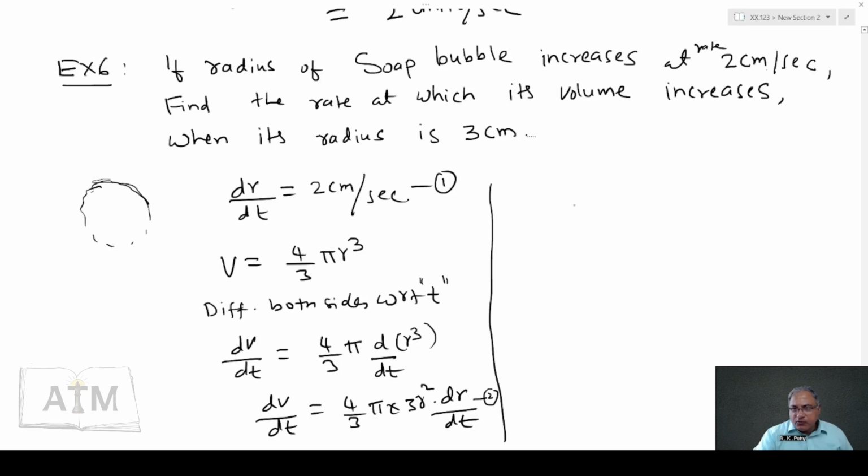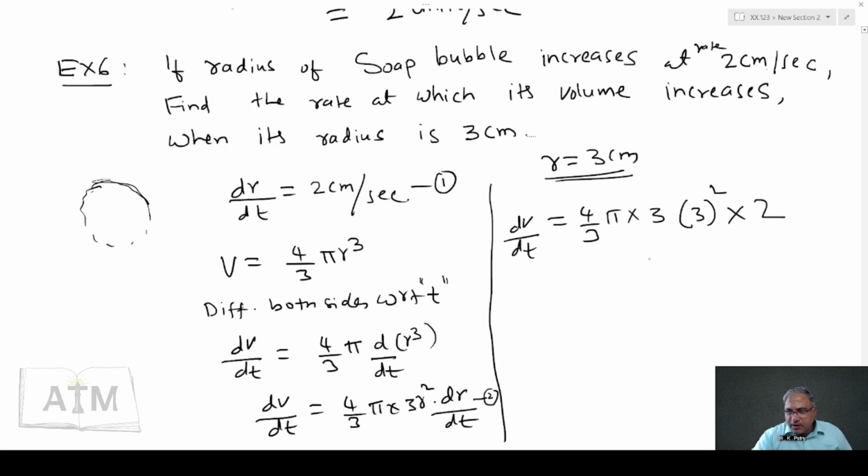And we need to find the rate at which volume is increasing when the radius is 3 centimeter. So r equals 3 centimeters. Therefore, dv by dt equals 4 by 3 pi into 3 into 3 square, and dr by dt is 2.